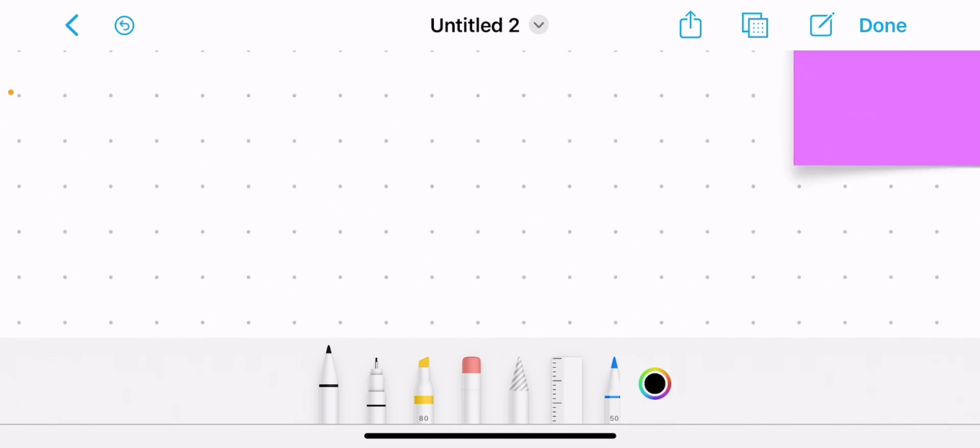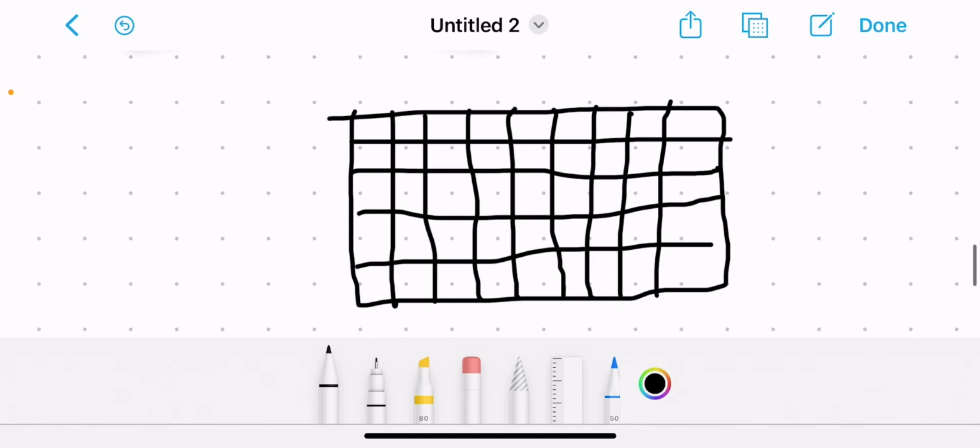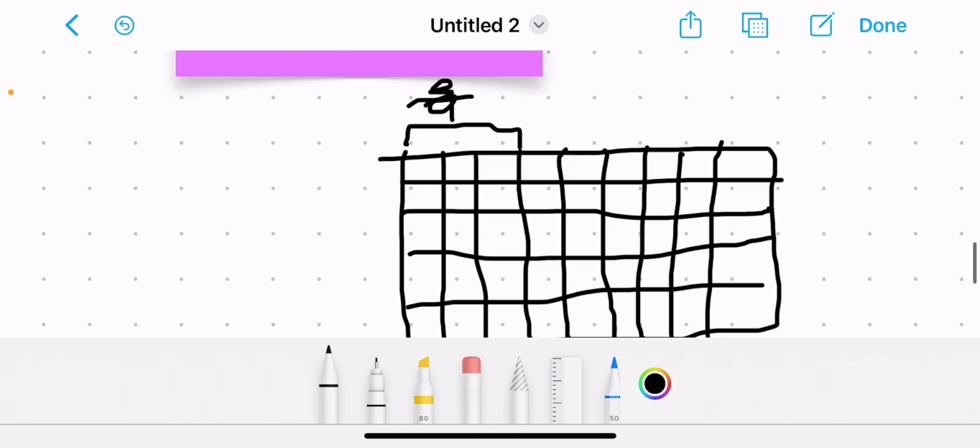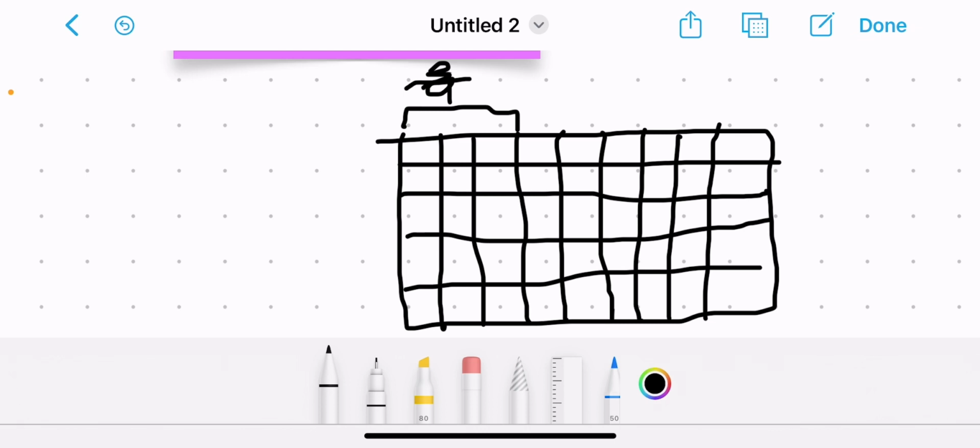Now I'm going to use my numerator to determine the dimensions of my rectangle. The numerator for 9ths was 3. So I'm going to be using 3 of my 9ths. If I really want to show good craftsmanship, I would label that this represents 3/9. Then I'm going to need 2/5.